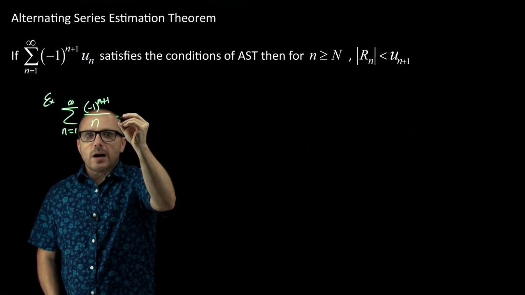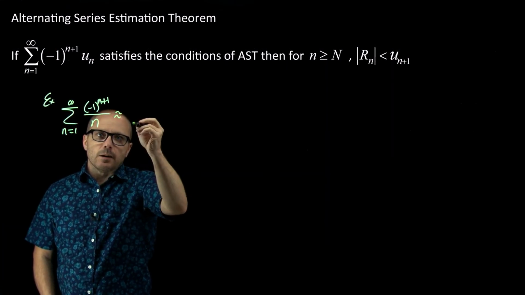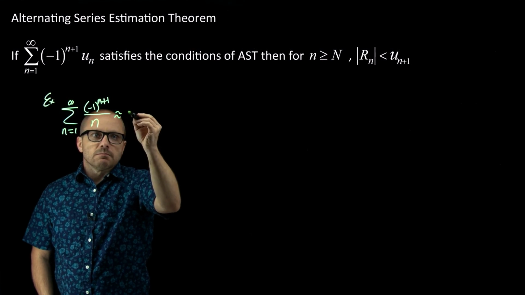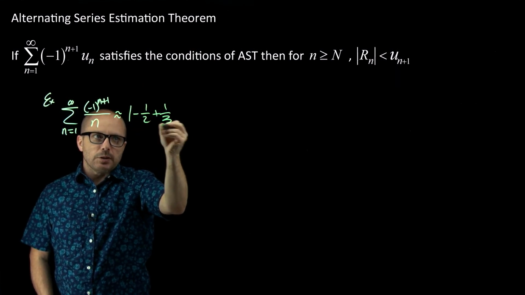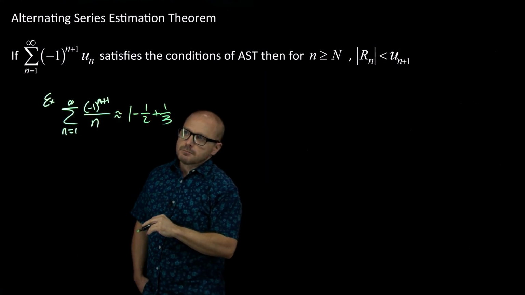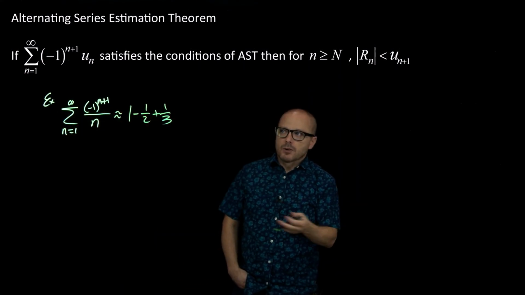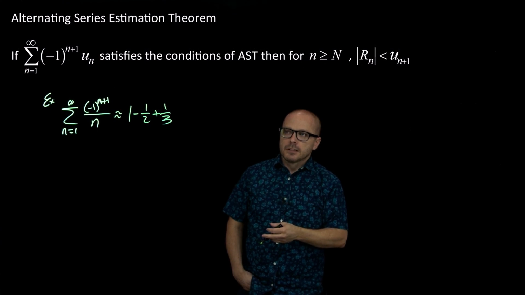And say we're going to approximate that by just adding up 1 minus a half plus a third. Say we're just going to stop there. How good is that as an approximation of that sum?